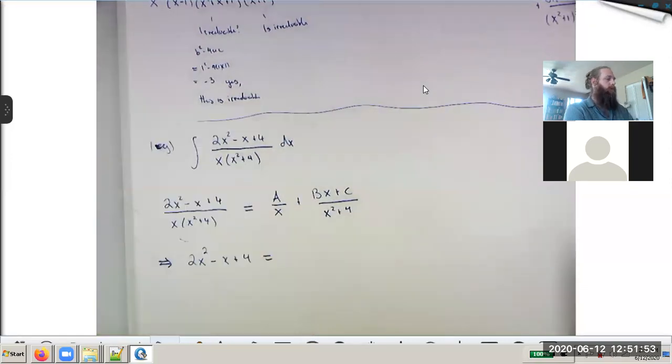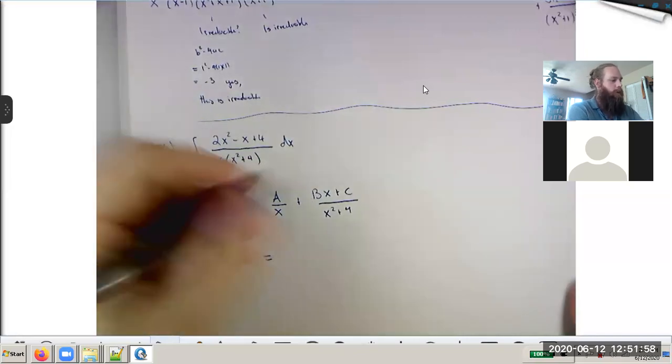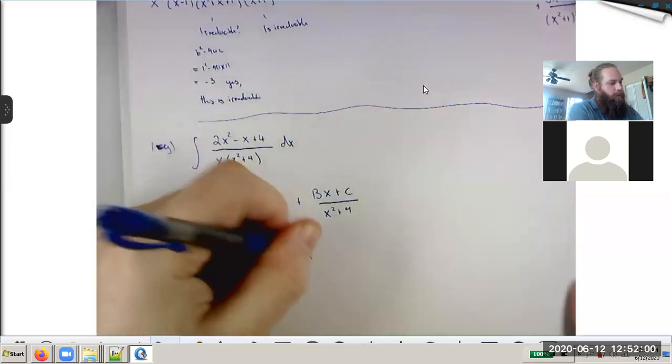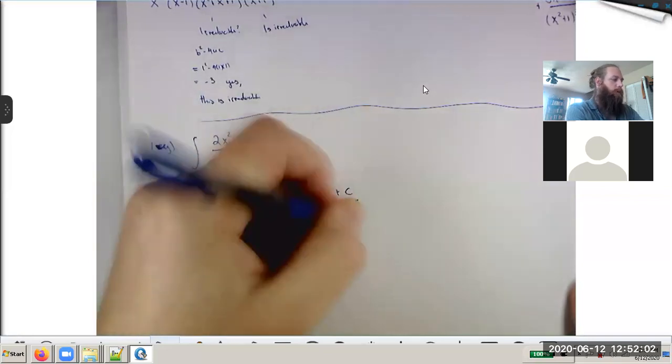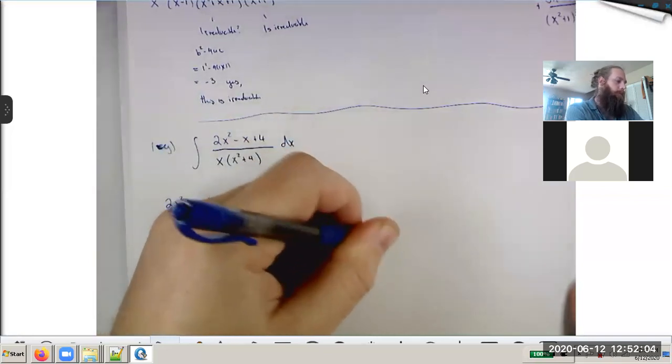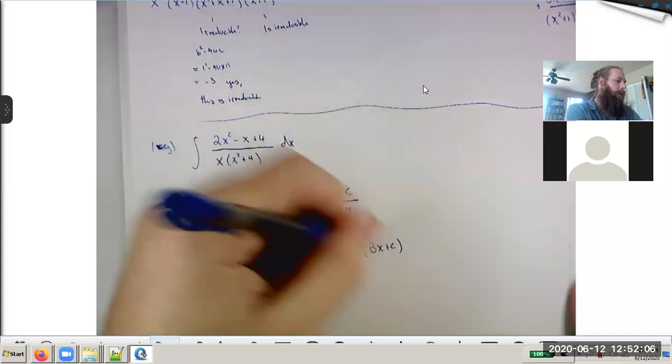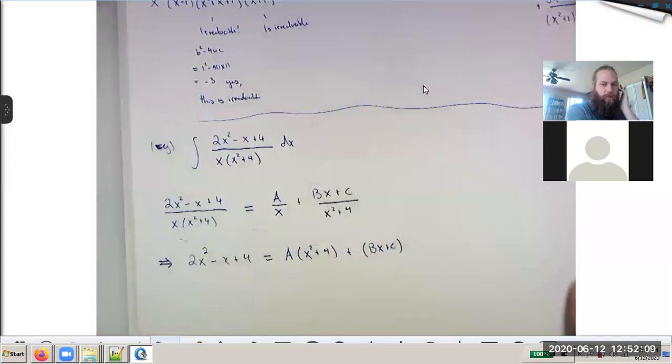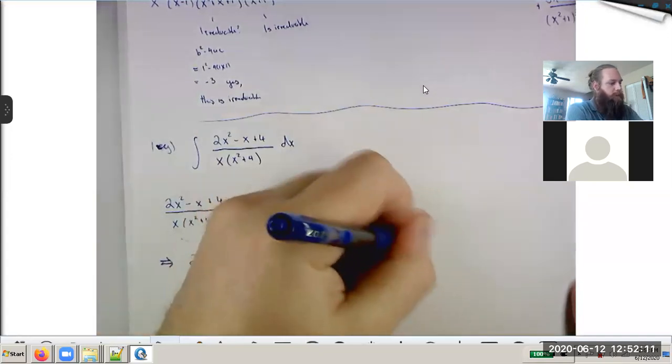And on the right-hand side, if I multiply by x times x squared plus 4, the x's here will cancel, and I'll get a times x squared plus 4, plus bx plus c, and don't forget these parentheses, fractions are grouping symbols, times x.